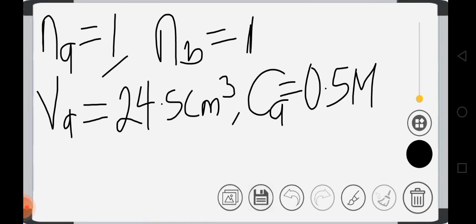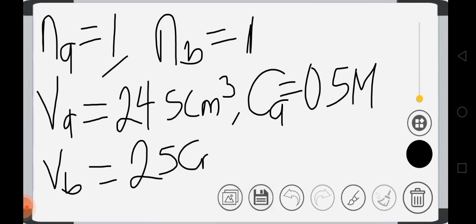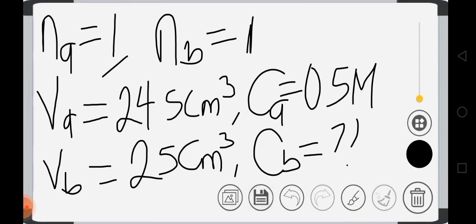The volume of the base was 25 cm³. The concentration of the base is the unknown, that is what we are looking for now. So how are we going to get the concentration of the base? We are going to use the concentration equation.